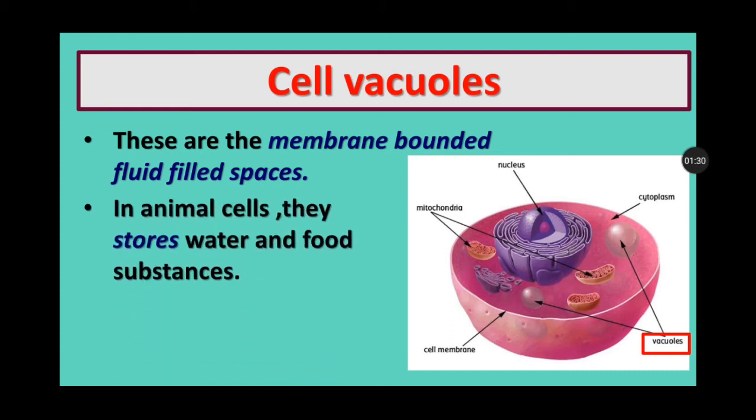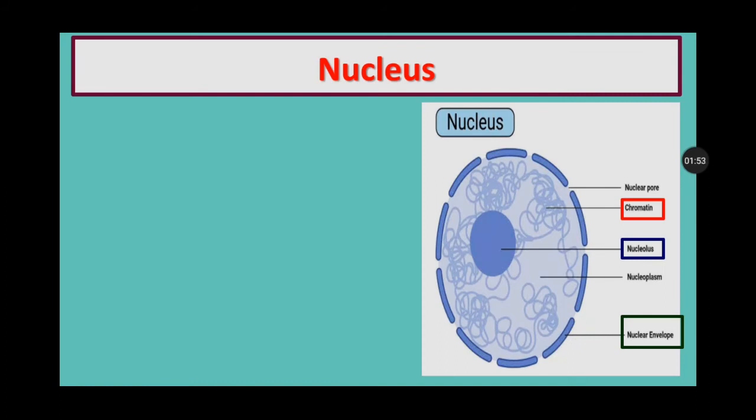In animal cells, they store water and food substances, and they are usually not permanent. In animal cells, there is more than one. As you can see, more than one small vacuoles are present in the cytoplasm of the animal cell, and these are usually not permanent.